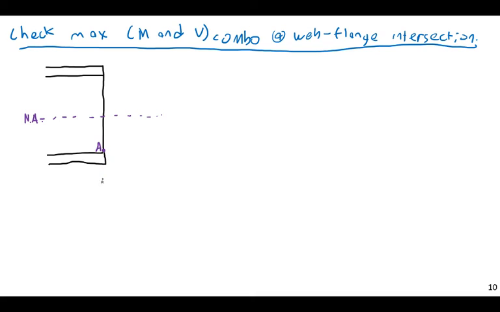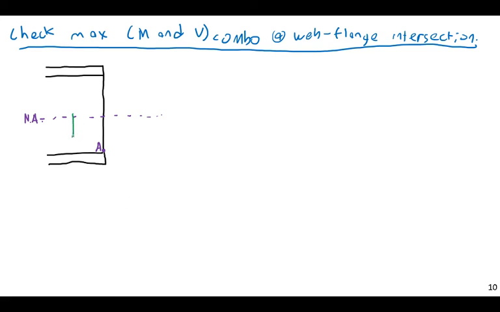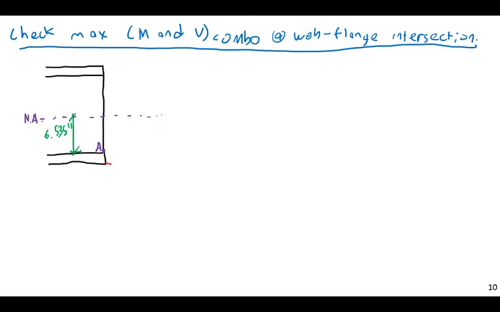I'm going to look right there. And the distance to this, for our particular section, is 6.535 inches. Now, our bending stress is going to look like this. This is our bending stress.